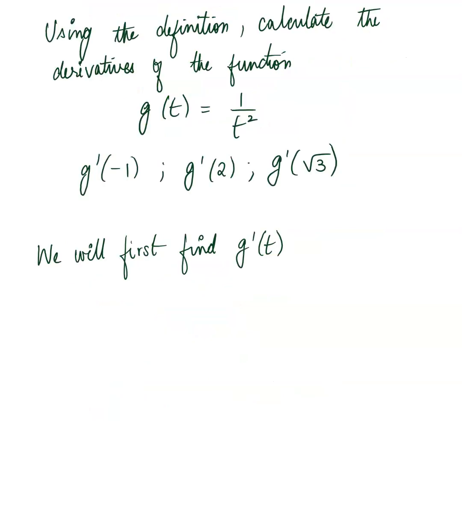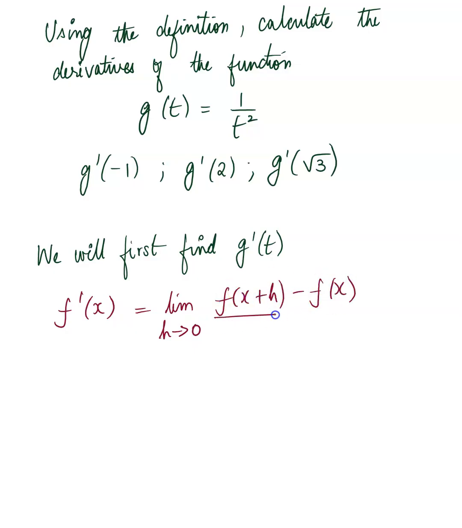We will first find g prime of t. For a quick recall, we know that our definition is f prime of x is limit h approaches 0, f of x plus h minus f of x all over h. Let's remember to translate this for our g function with the variable t.